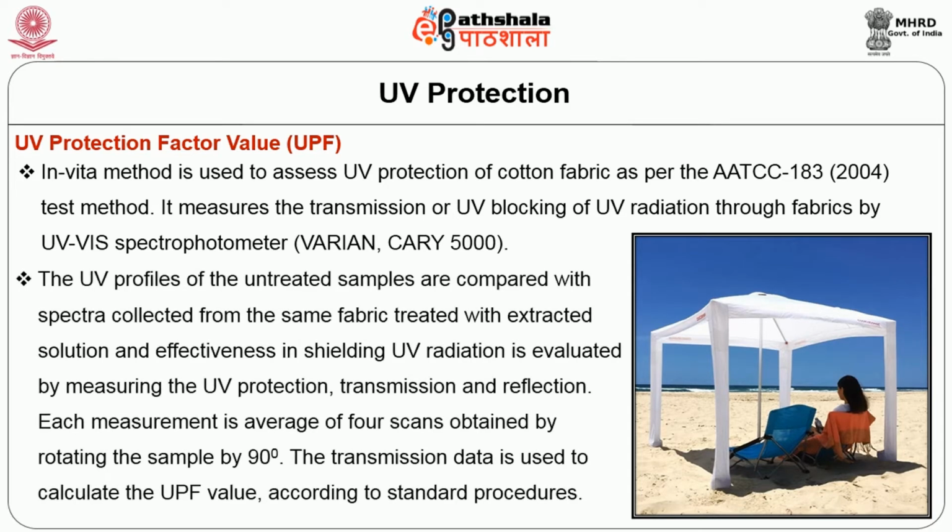The UV profiles of the woven fabrics are compared with the spectra collected from the same woven fabric, treated and untreated. UV radiation is evaluated by measuring the UV protection, transmission and reflection. Each measurement is the average of 4 scans obtained by rotating the sample by about 90 degrees. The transmission data is used to calculate the UPF value with standard procedures.